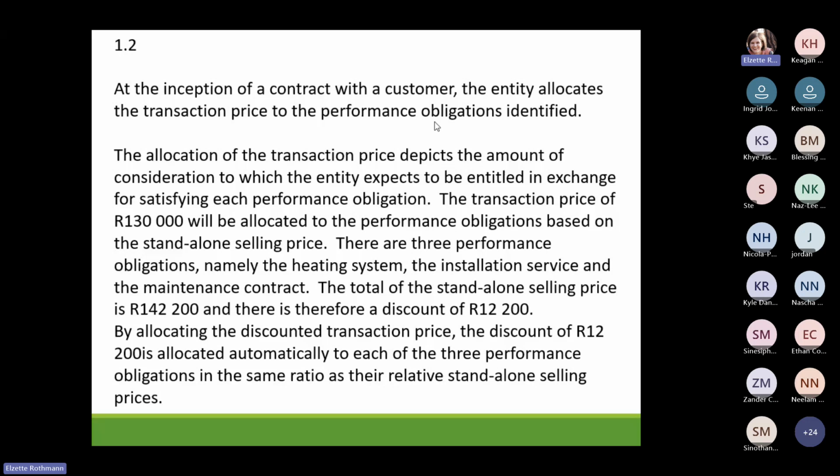So probably you're going to sit and say, okay, if I purchase the three separately, it's 142,200, but now the transaction price is 130,000. Then probably as you do that, you're going to think, oh, yeah, there's a nice discount in there. If you think that, put it down. Okay, write it down, because that's something where your lecturer can give you a mark. Don't think something in your head and then just sort of ignore that. Okay, if you think that, ink that. Okay, put it down, write it down.